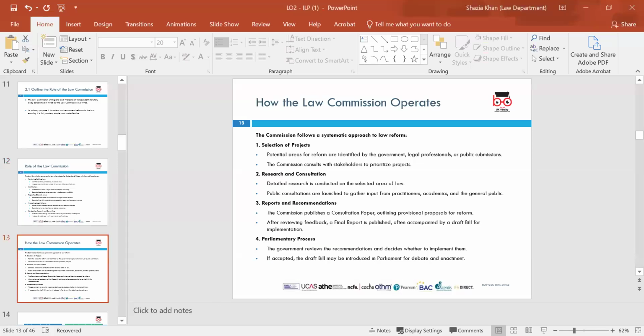How the Law Commission operates. There are criteria used to select new projects, and it looks at things like importance of the law, suitability, and the resources available.